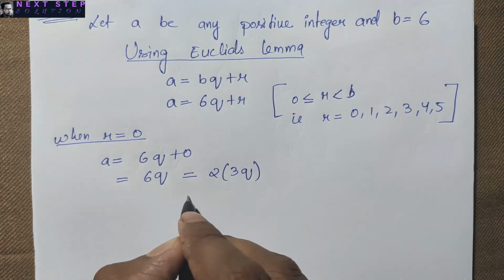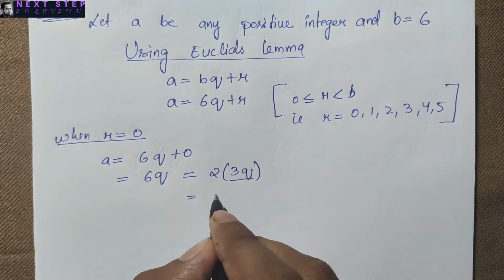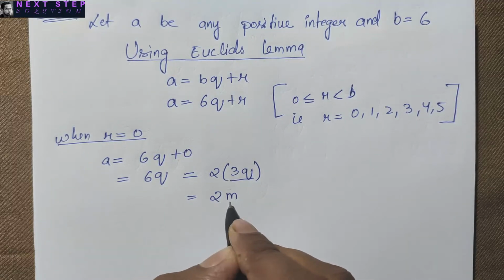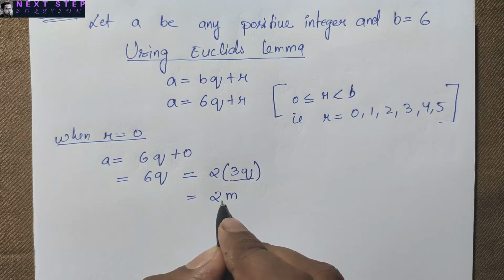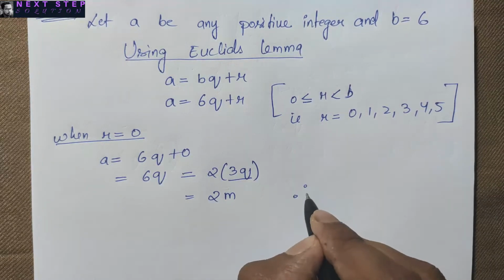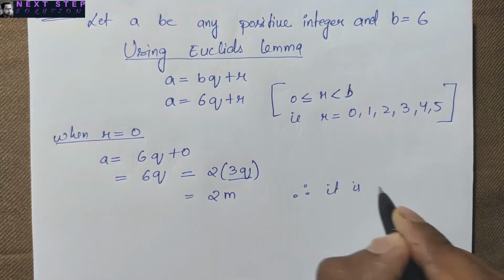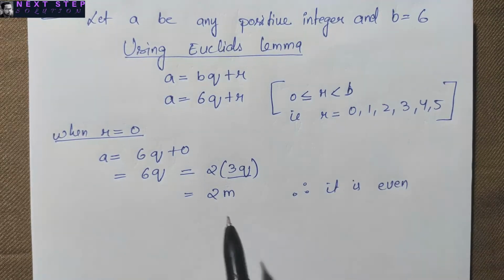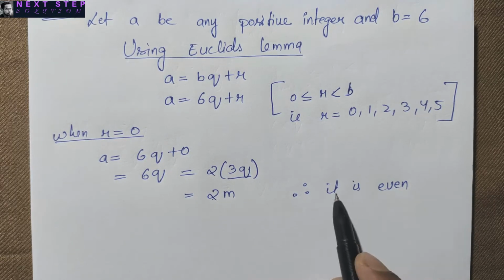Now if we replace the value of 3q by m, we can write it as 2m, 2 multiplied with m. If 2 is multiplied with m, that means it is a product of 2, and all the products of 2 are even numbers, therefore it is even. Once again, 2 multiplied with any integer makes it an even number.